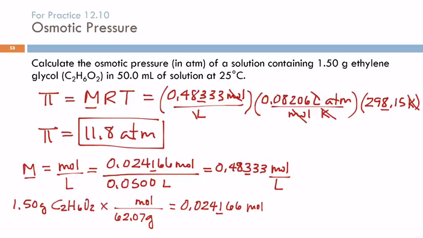But the osmotic pressure tells us that to keep the water from migrating into this solution, you'd have to apply a pressure of almost 12 atmospheres to stop it. Otherwise, the water's going to come over. You could actually make that go reverse osmosis.